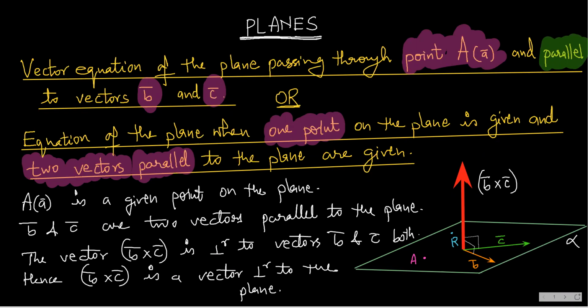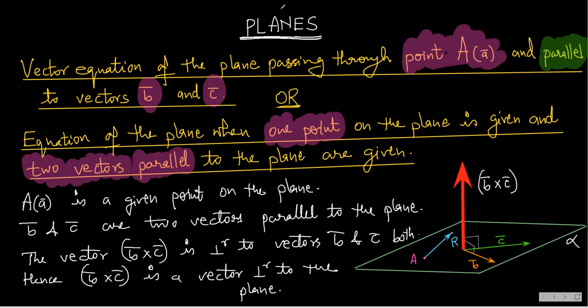Then if R is a variable point on the plane, the vector AR bar is also on the plane, and since AR bar is on the plane, AR bar is perpendicular to B bar cross C bar.